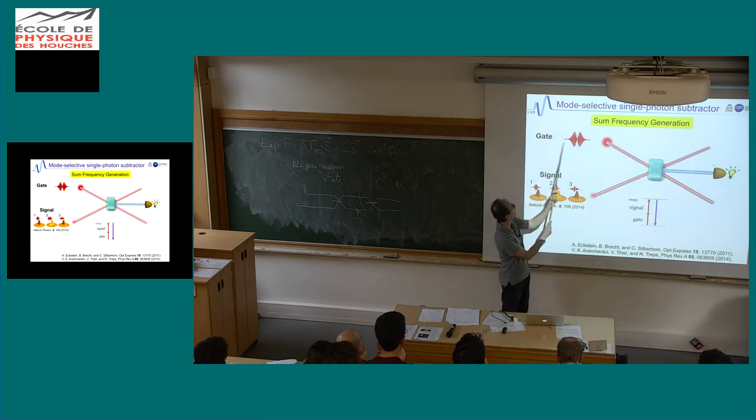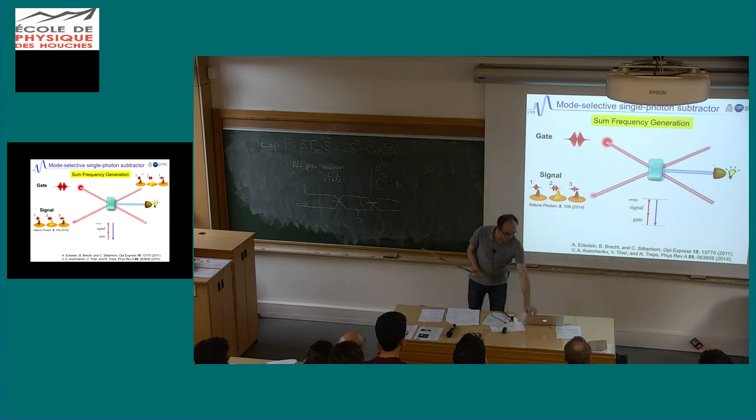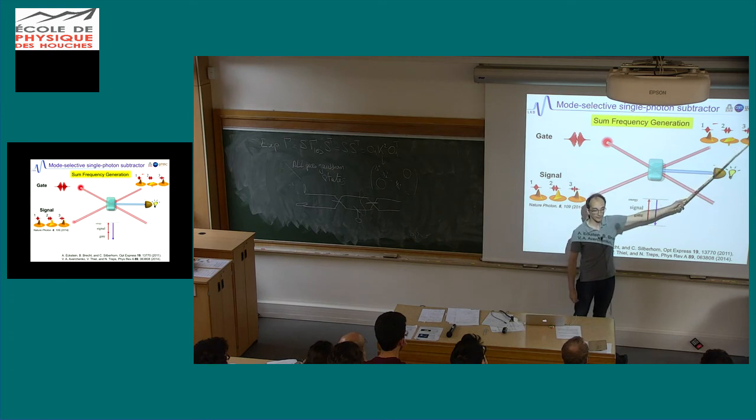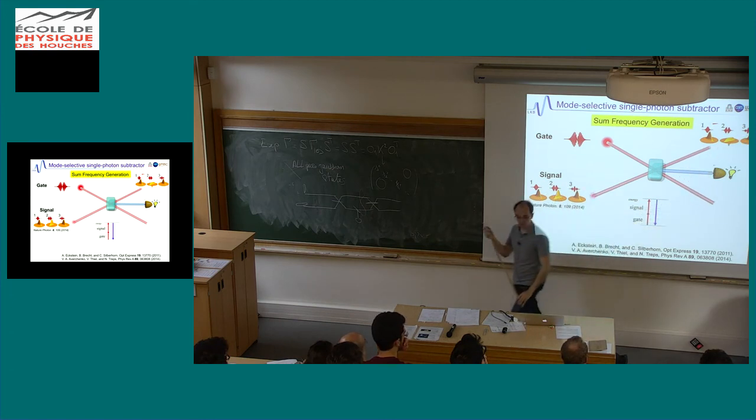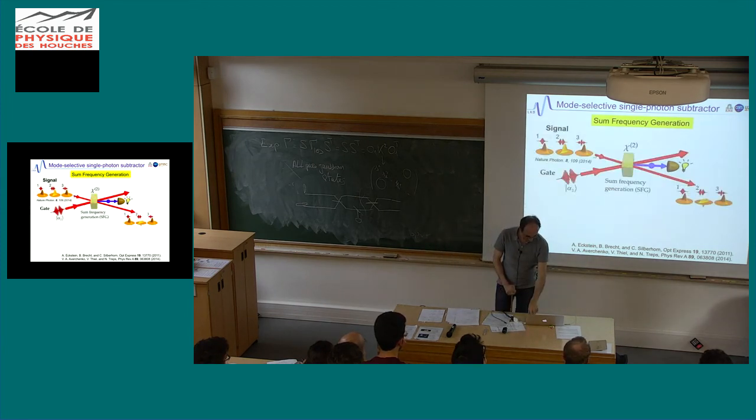Which means that if I shape the pulse here, the sum frequency will act only between this pulse shape and the corresponding pulse shape, which is here. And it will not interact with the other one. So hopefully, what you will get is this kind of state at the output. Okay, so the two ones remain squeezed, and this one has a negative Wigner function. Okay, and it's sum frequency, so it's the opposite of what we have done before.